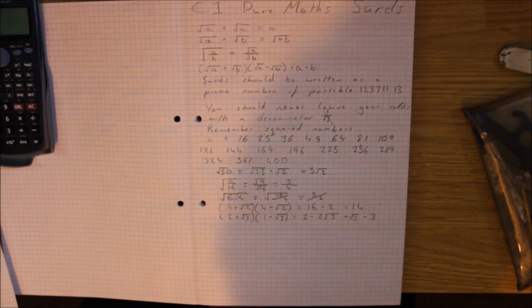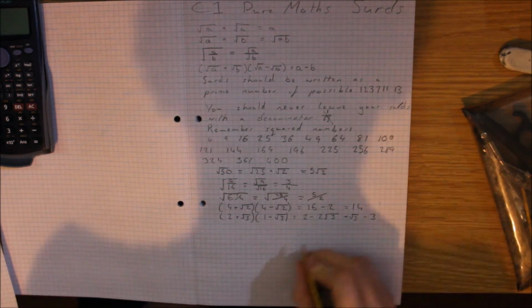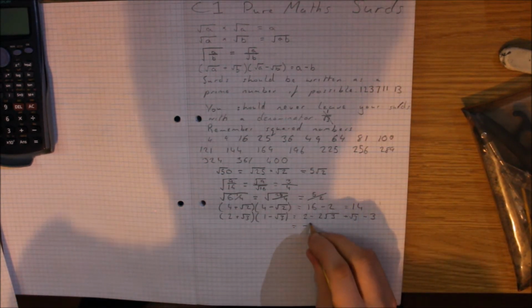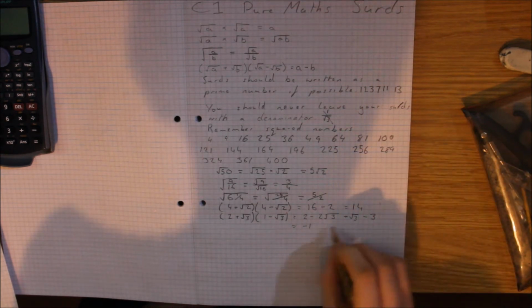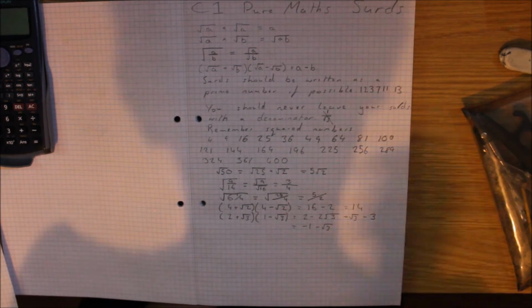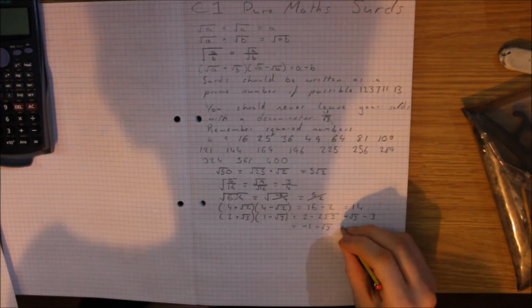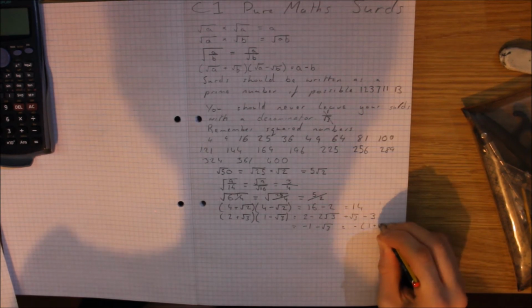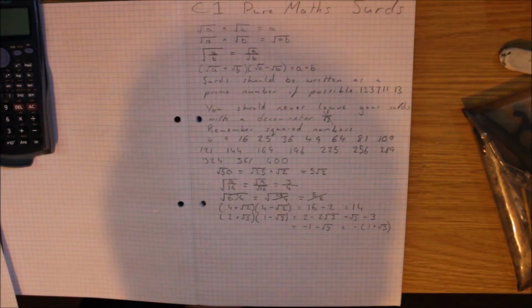It does create something different. That's why it's important to go through it. So next line down, that equals minus 1 minus root 3. And just to tidy that up, we could write minus 1 plus root 3, just to make it a little bit tidier. That isn't necessary though.